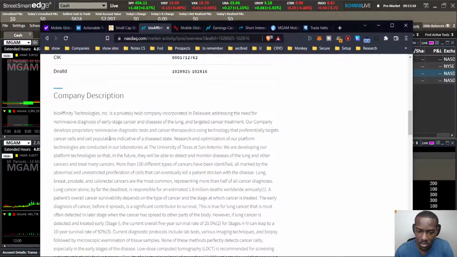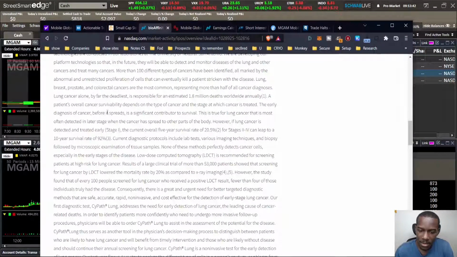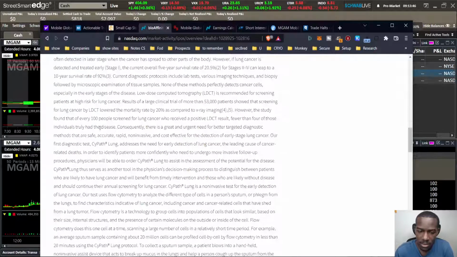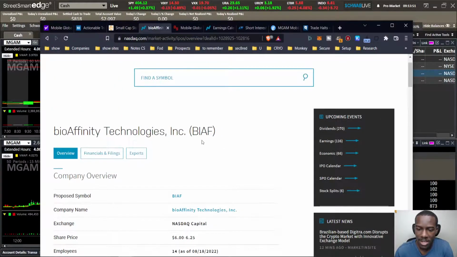Our company develops proprietary non-invasive diagnostic tests and cancer therapeutics using technology that preferentially targets cancer cells and cell populations indicative of a diseased state. Research and optimization of our platform technologies are conducted in our laboratories. Okay, I'm not going to read this whole thing. They're treating early stage 1. Okay, so this is a cancer treatment, but they're supposed to be IPOing today, BIAF.